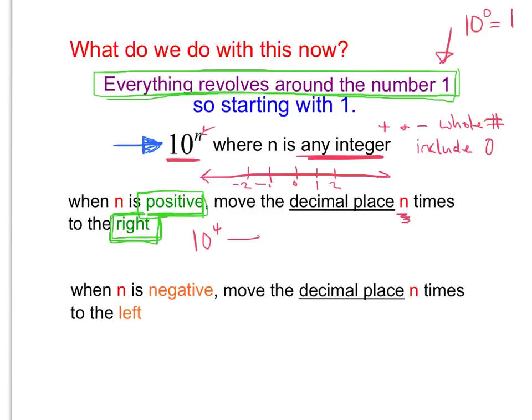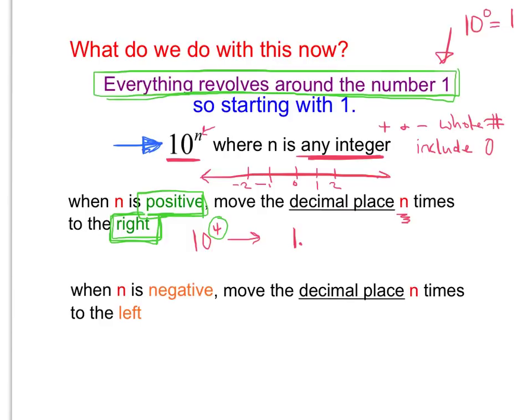Like I said, we start with the number 1. Now, with the number 1, where is the decimal place? Well, the decimal place is right here after the 1. And if we move this decimal place n times, what is n? N in this case is 4. Is 4 positive? Well, yes. So I'm moving it to the right.